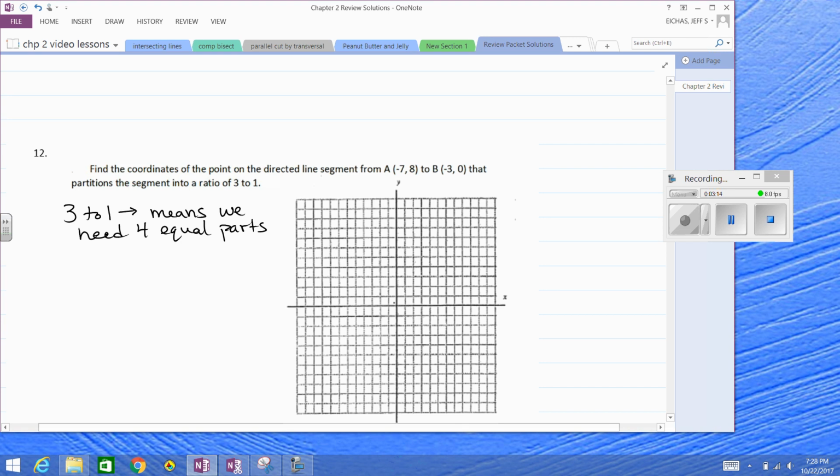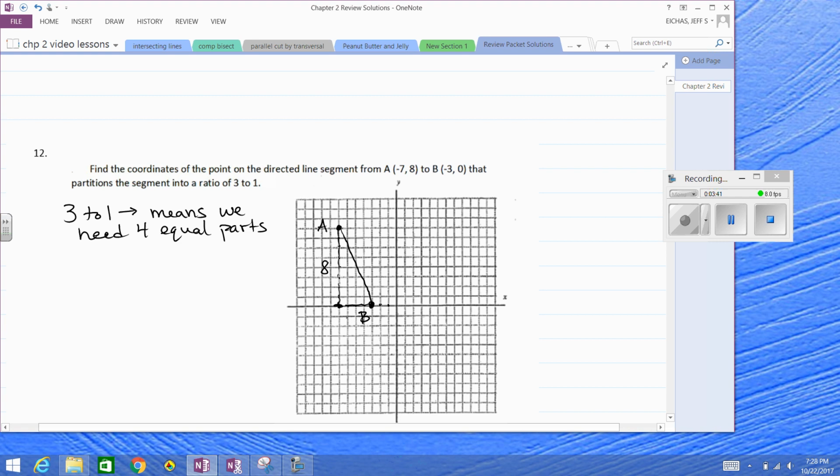So let's go ahead and plot -7, 8. Okay, so I found points A and B. Just speed it up a little bit. Now, here's what I'd want to do. I want to break this up into 4 equal parts. But first, the way I do it, if I can, is I go ahead and count the sides here. Okay, if you count from A down to B, it's 8.